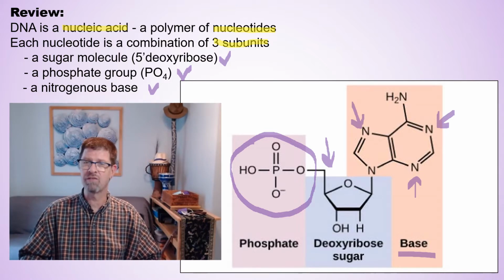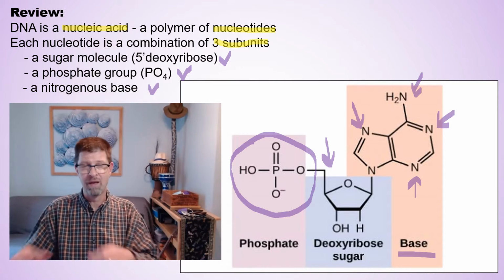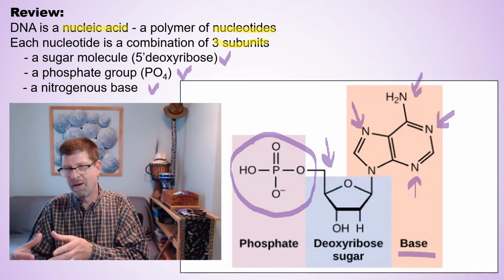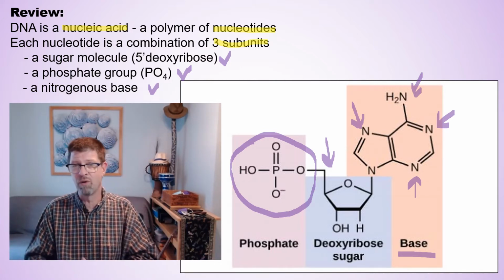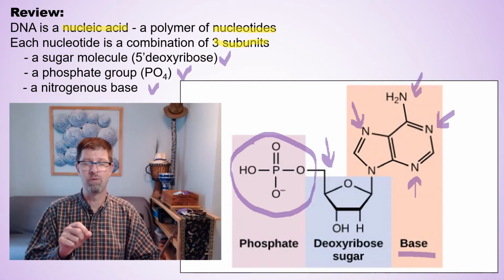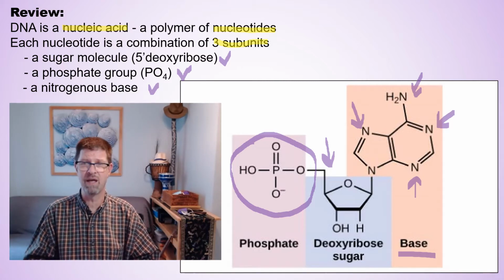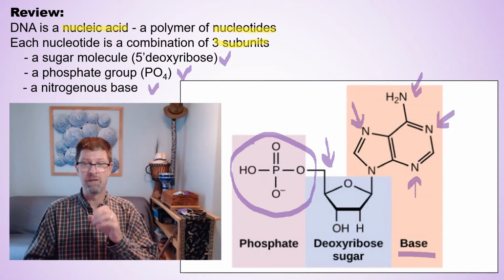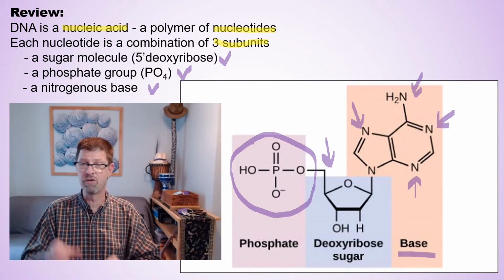And we see lots of nitrogen in this structure. And the fact that it's a base refers to where it is in the molecule, but also that it's a little bit on the alkaline side, a little bit less hydrogen in that area than there is in some of the other parts of the molecule. So 3 parts: the deoxyribose sugar, the phosphate group, and the nitrogenous base.